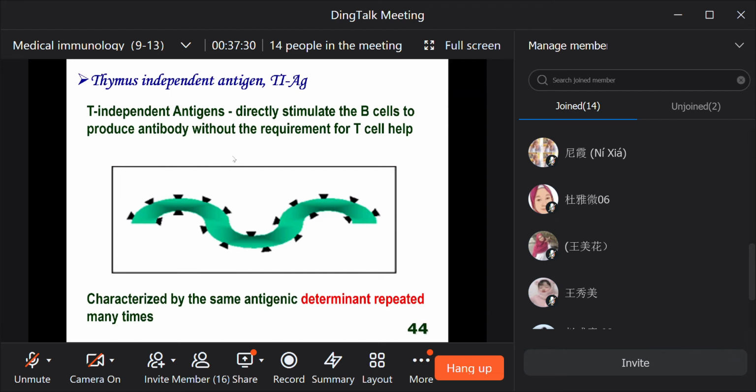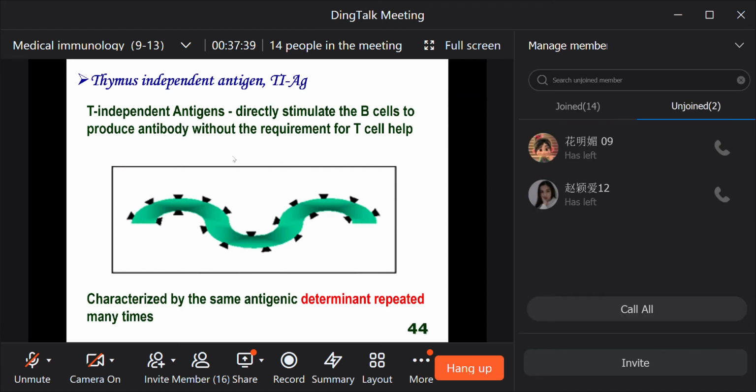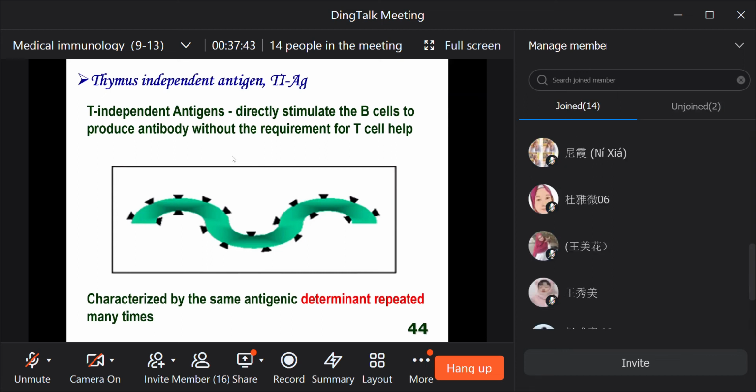The size is similar to before, but the epitope is very simple. It is a copy, one by one. Only one kind of epitope.